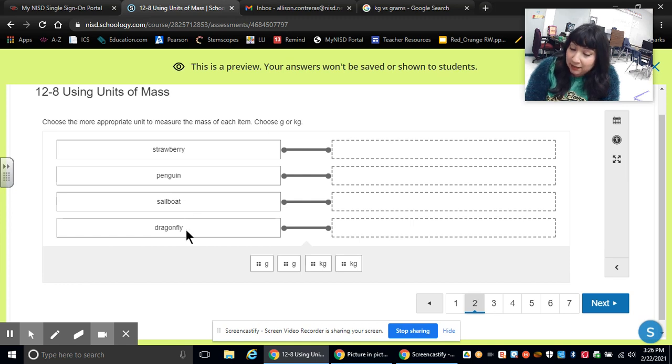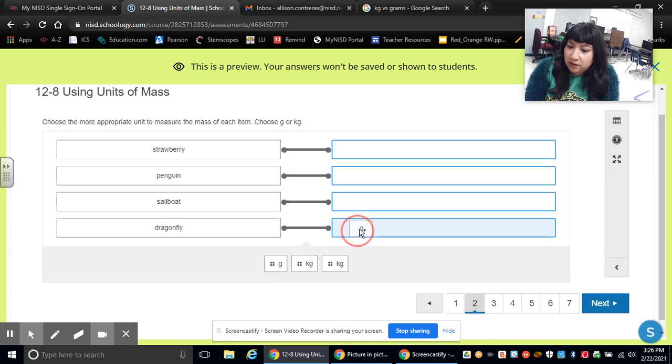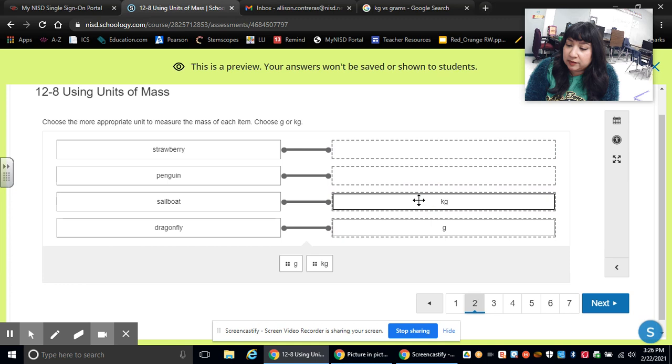Don't forget this is a video and you can pause it. Dragonfly is super, super tiny, super light, so we would obviously do that in grams. And a sailboat is very large, so that would be kilograms. Between strawberry and penguin, which one is lighter, which one is heavier? And you match gram, kilogram.